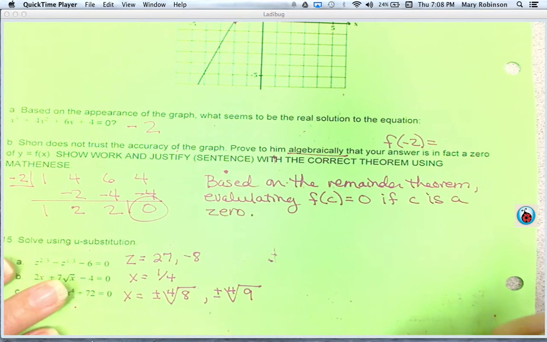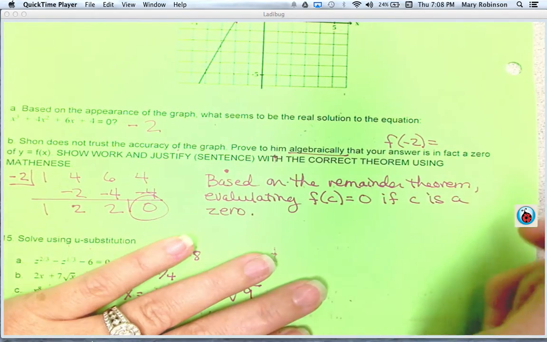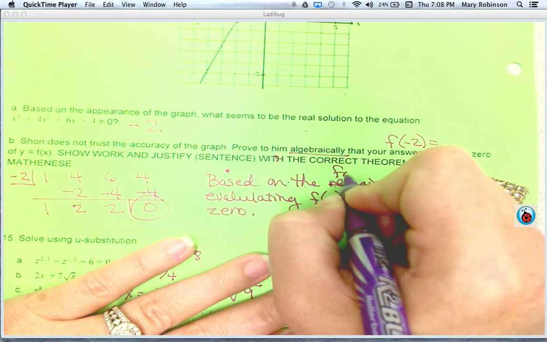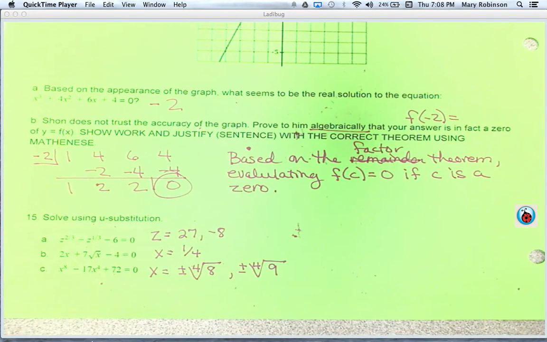Okay? So based on the, actually I should say factor theorem. Based on the factor theorem, evaluating f of c will equal 0 if c is a 0. The remainder theorem and factor theorem go hand in hand. The remainder theorem just allows you to verify any remainder, while the factor theorem specifically applies the remainder theorem to determine if a given value is indeed a 0, which can then create a factor if needed, okay?